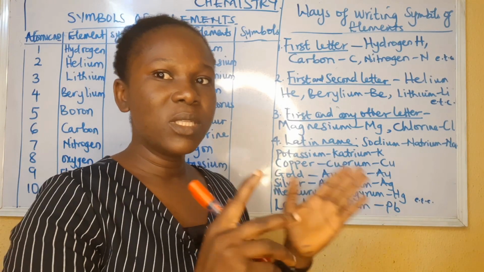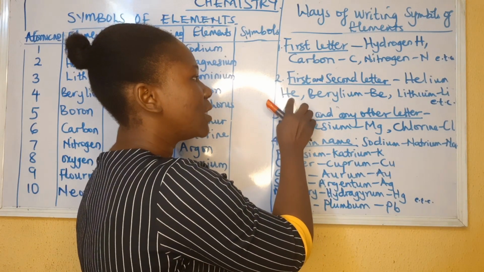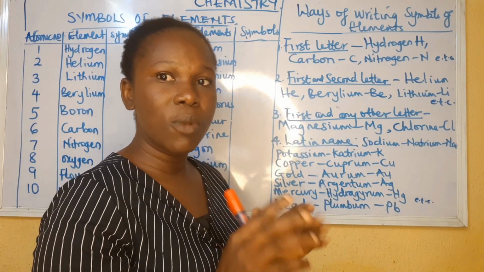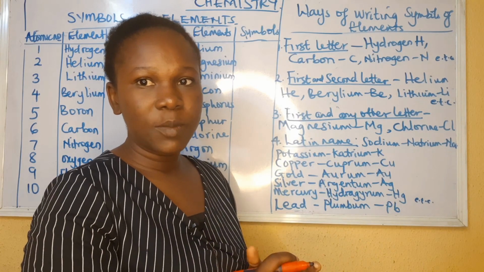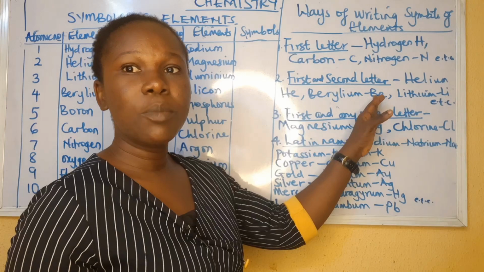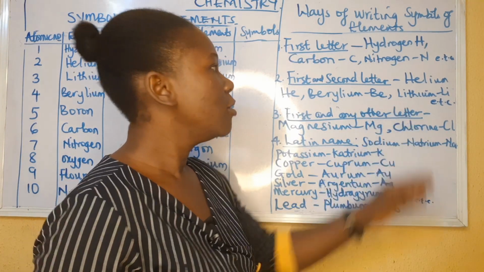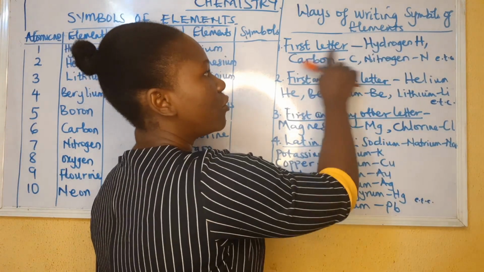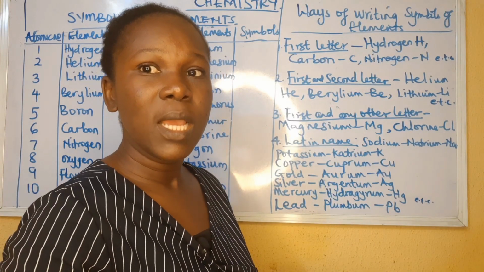If you write both letters, that's the first and second letter, in capital letter or block form, it is not acceptable. So you have to abide by this strictly. The first letter must be in capital, while the other must be in small. The first letter of the first method is also in capital.